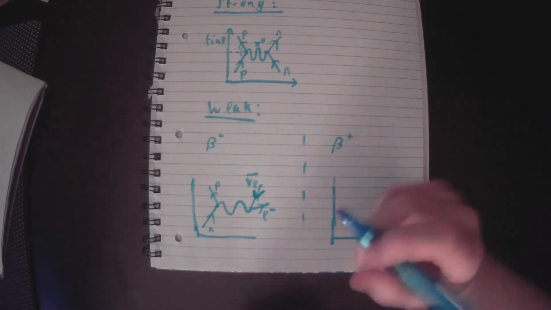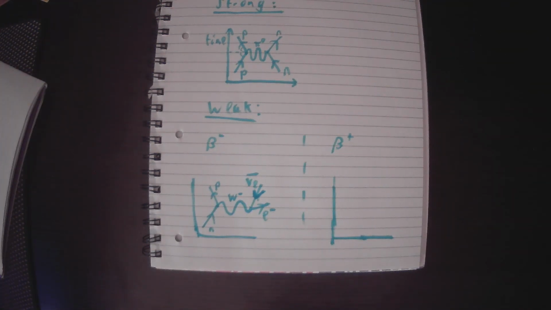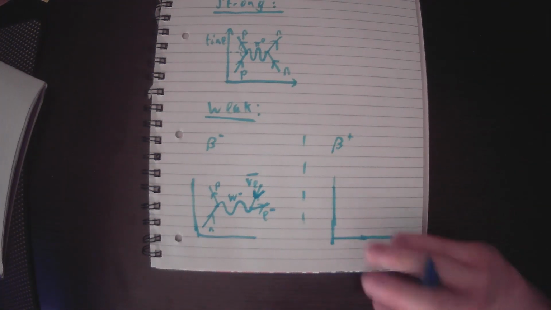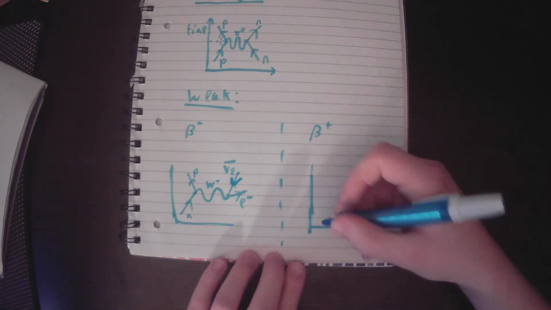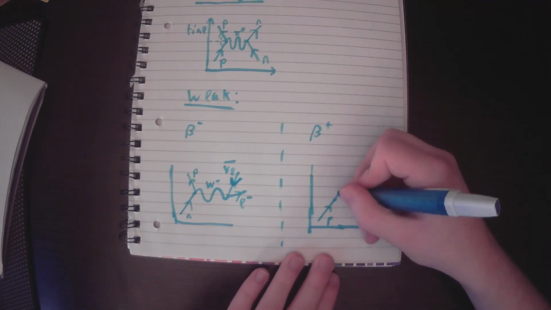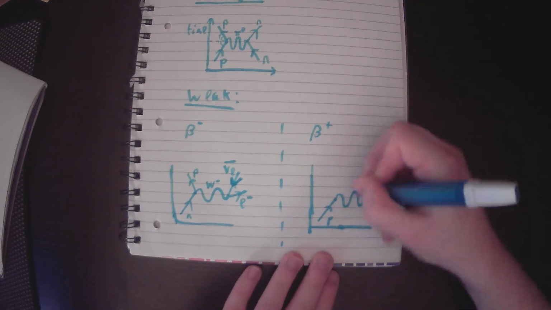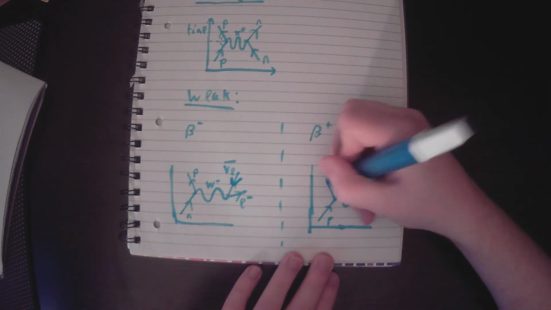And we know that in beta minus decay, our boson is a W minus boson. And we will have a very similar thing on the right hand side for beta plus. We will have a proton with a W plus boson.